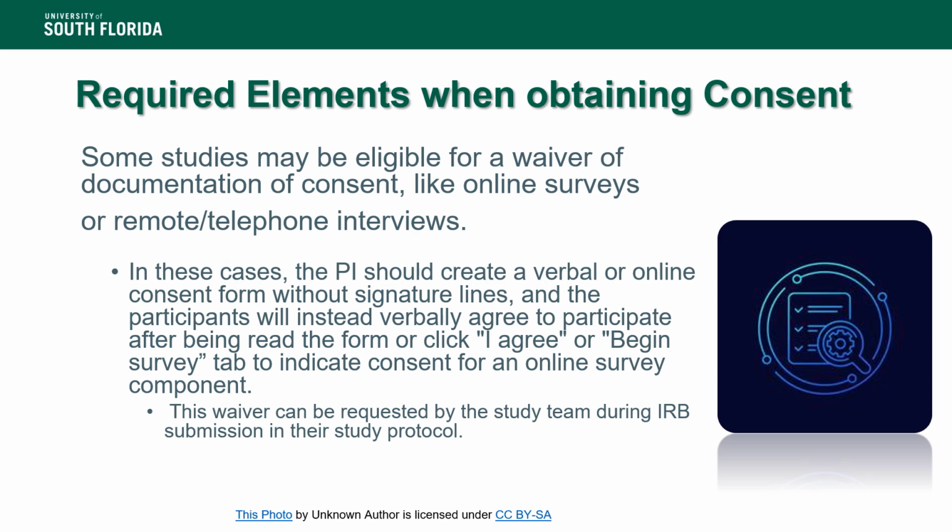Again, this waiver of documentation of consent must be requested in the protocol, and you need to add justification for seeking this waiver. It is helpful to refer to the checklist and worksheets to ensure you are providing the appropriate information in your study documents. We're going to dig a little deeper into the checklist and worksheets later on.